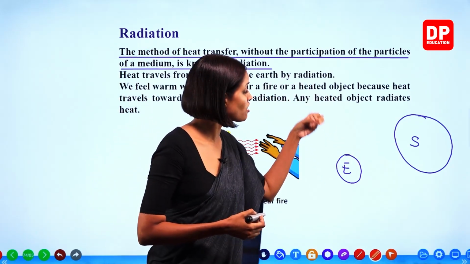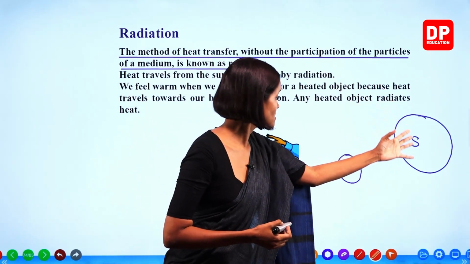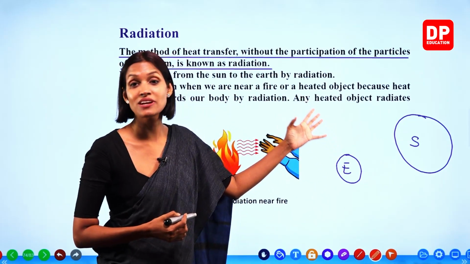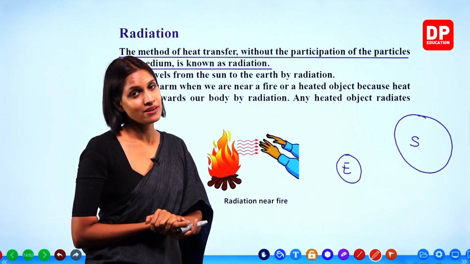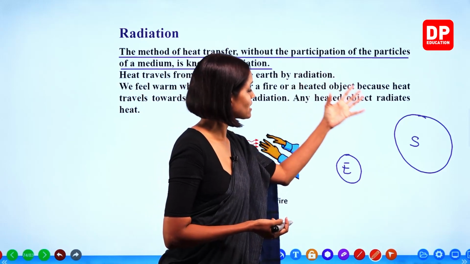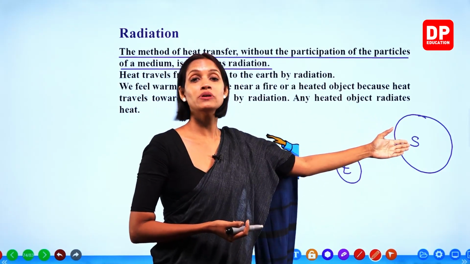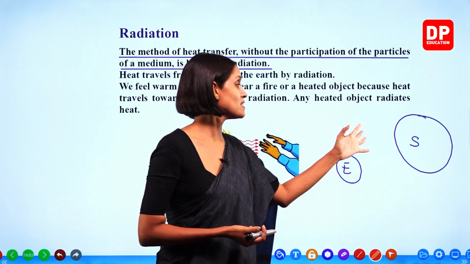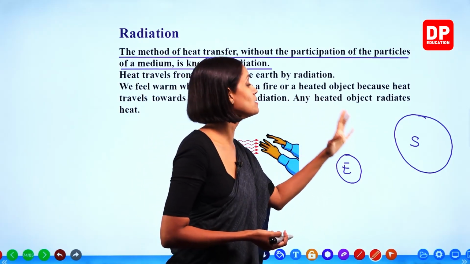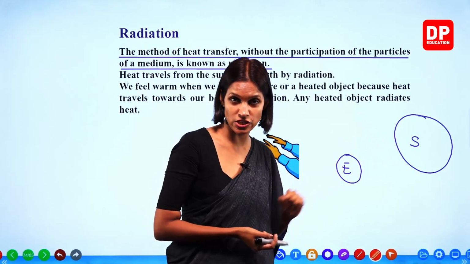So this method of heat transmission from the sun to the earth is radiation, right? There's no way to transmit heat by conduction or convection between the sun and the earth because there's no medium. Okay, the only method left is radiation.